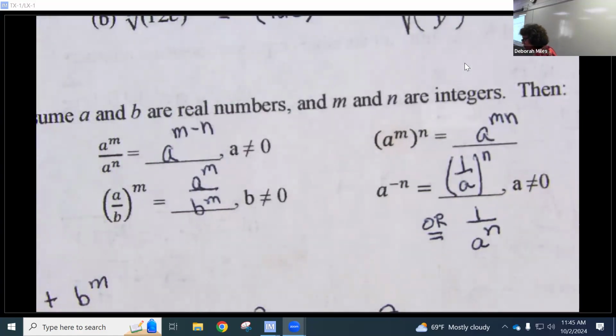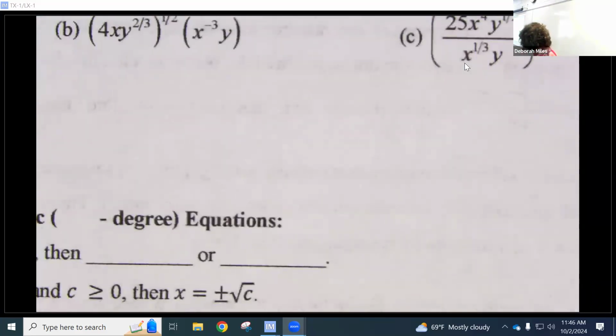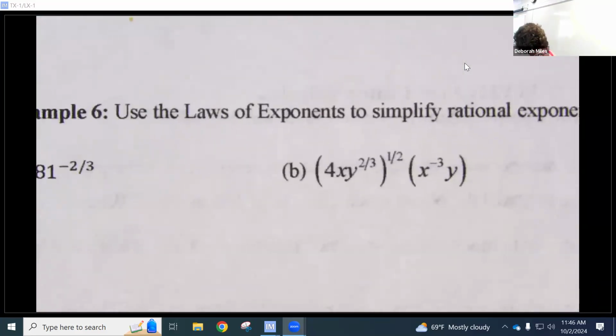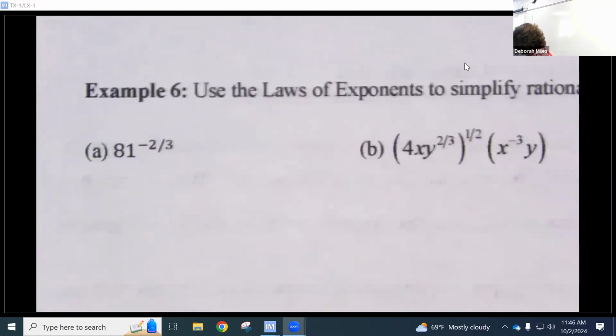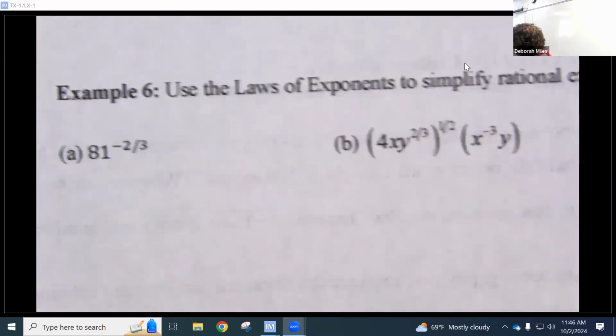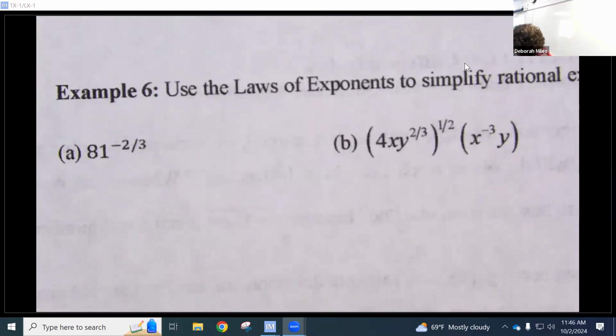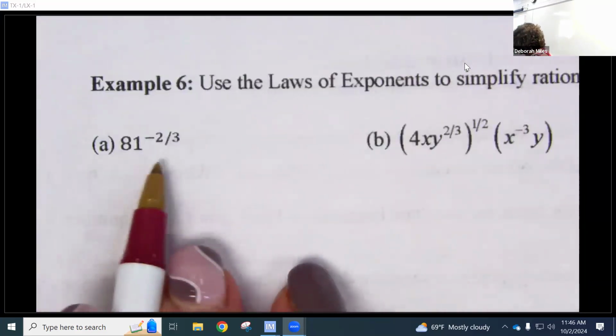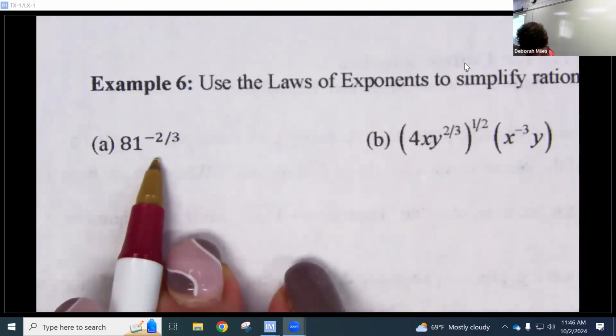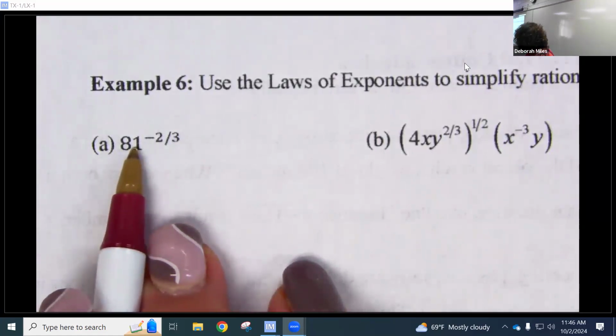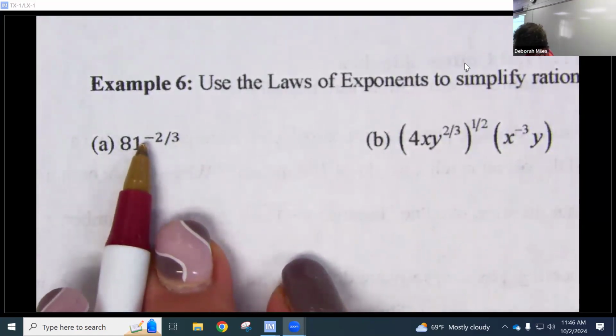So let's see if we can use those same 6 rules for exponents to simplify these. Okay. Use the law of exponents to simplify rational exponents. 81 to the negative 2/3. Now, let me deal with that negative first.